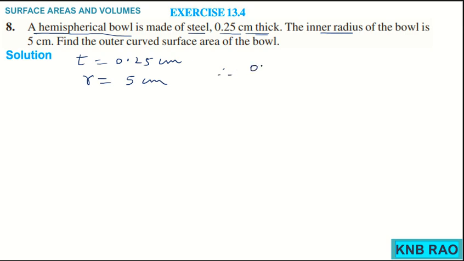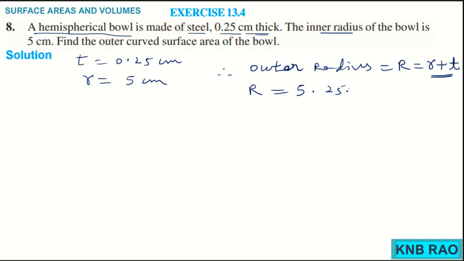Now, can we find the outer radius? Yes, let us assume capital R is inner radius plus thickness. Inner radius plus thickness will give outer radius. So, the outer radius is 5.25 centimeter.